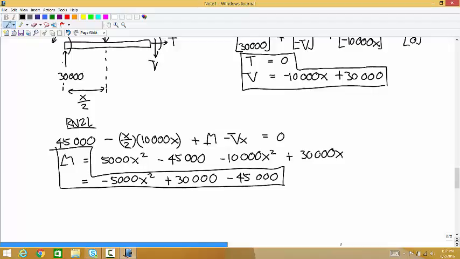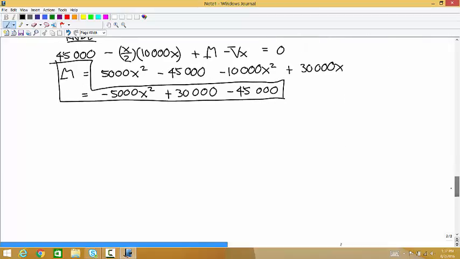So we did all this to come up with the function for the bending moment, because then we're going to use that in calculating the deflection. So now the second derivative of the deflection is equal to 1 over EI times this function M that we just figured out.